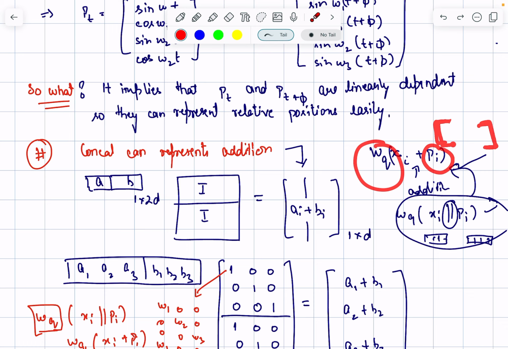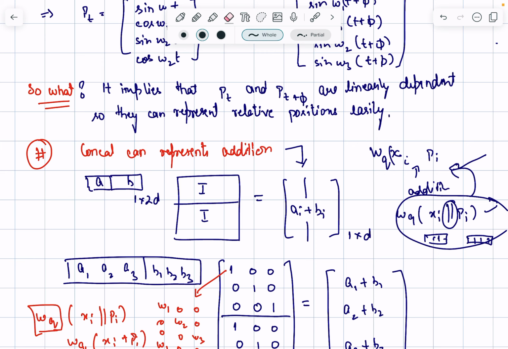But if you sinusoidally change this Pi at test time to some longer value, then this Pi was never seen. So the corresponding weights in WQ that were being affected by Pi might not have seen that test time position, so it will not work out very well, right?